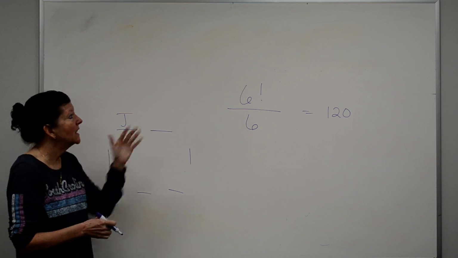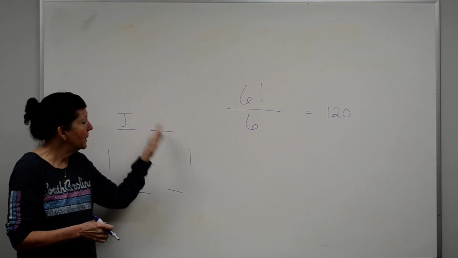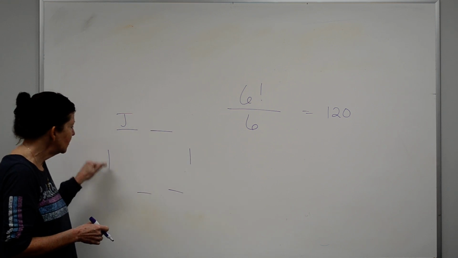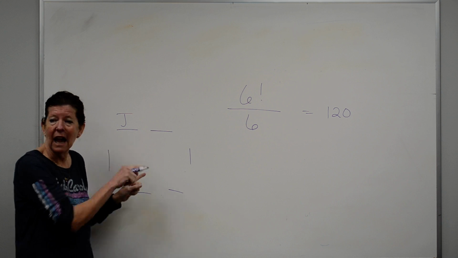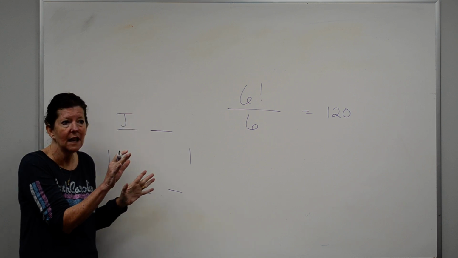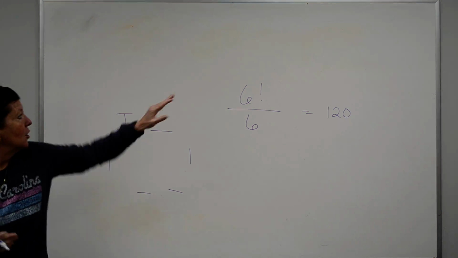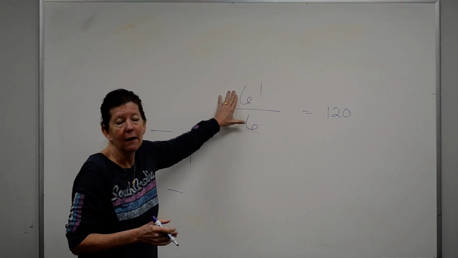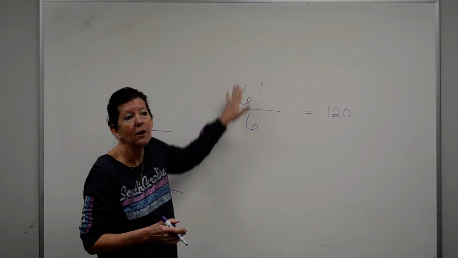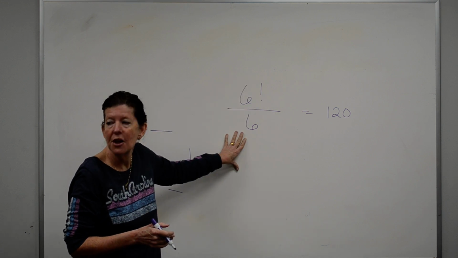So that's why it's not 6 factorial, because Joseph could sit in each of those 6 chairs and have that order be totally the same if nothing else changes. So that is your number: 6 students, factorial divided by the number.